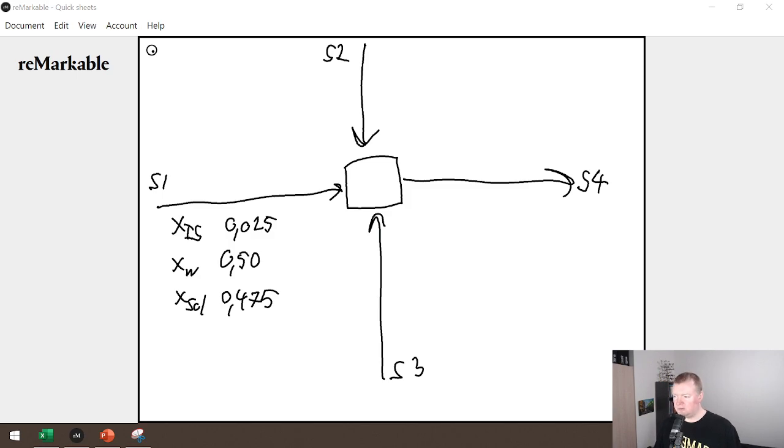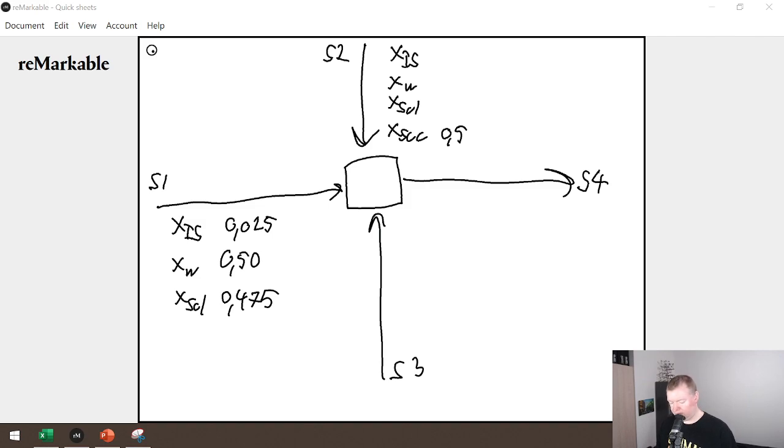Stream 2 is gonna be my beet molasses. We're gonna write them in the same order. We have our water, and we have our solids, and finally we have our sucrose. So for the beet molasses it's 50% sucrose, 0.5.